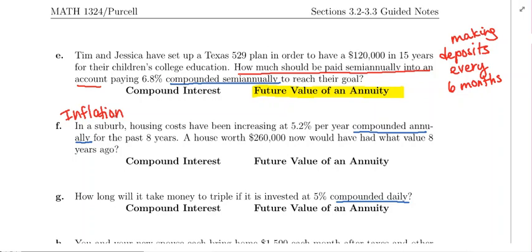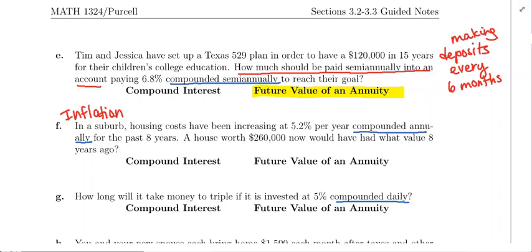Think about the value of the house. 8 years ago, it had a lesser value than $260,000. That house 8 years ago was worth some one lump sum, less than $260,000. Whatever it was worth, it has grown.